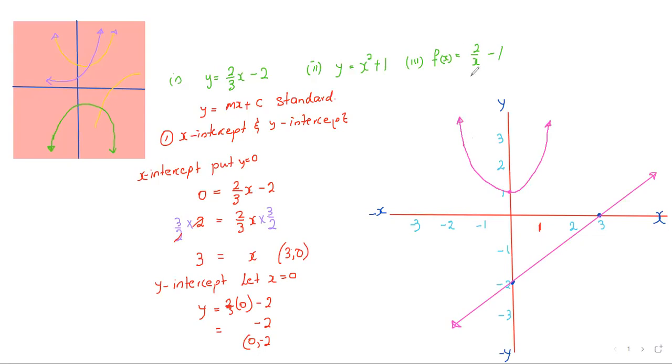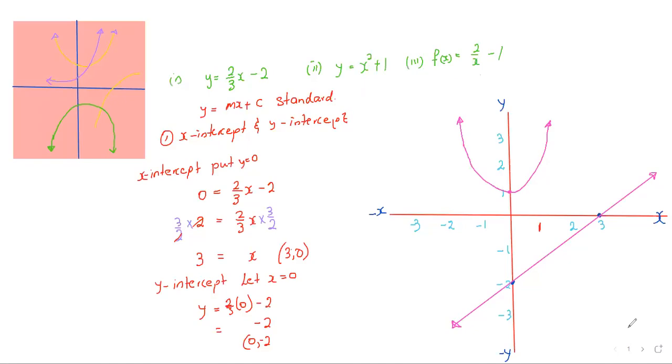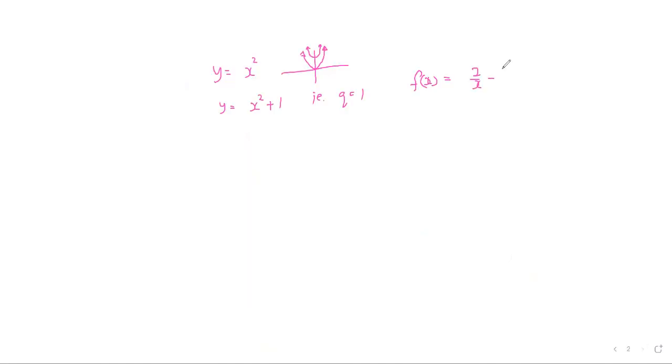Now we are left with a hyperbola. That hyperbola is f of x is equal to 2 over x minus 1. Now our q here is minus 1, and we agree that this is the y asymptote.